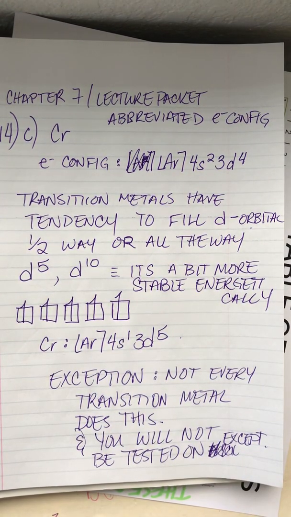And that half full d orbital gives you a little bit of extra stability, right? But again, those are exceptional cases, and that's not going to be something you'll be tested on. So what I want you guys to know for electron configs and orbital diagrams is just the basics, okay?